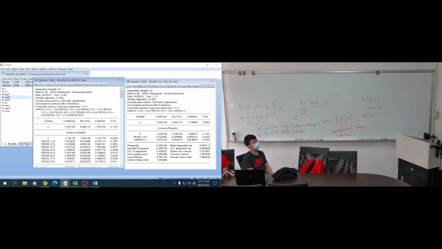The coefficient, this one, is different from this one. Also, this is not significant, but here, this is significant. Look at the result. I think we have the scale. Do we have the square term? I think we do have. Let's see.